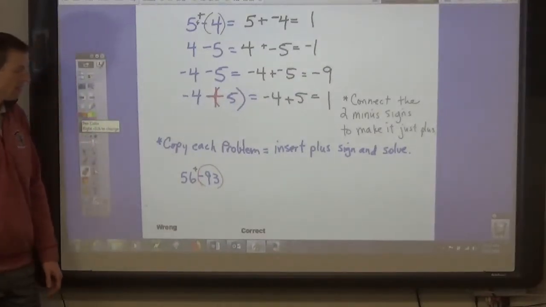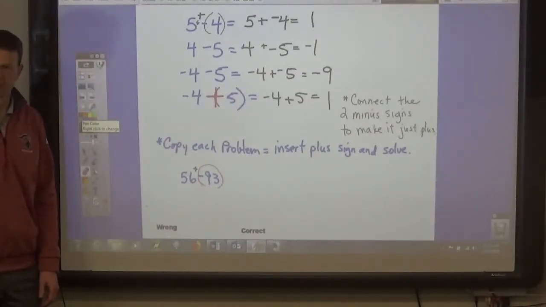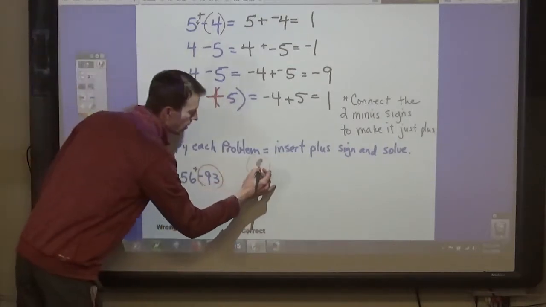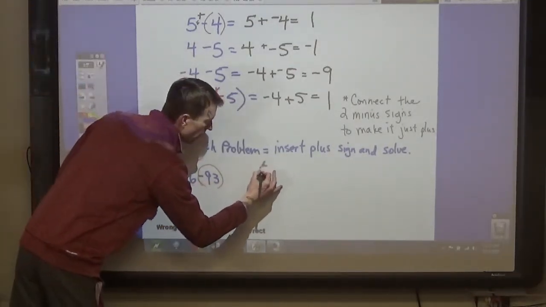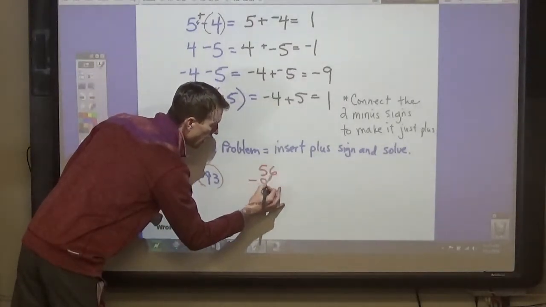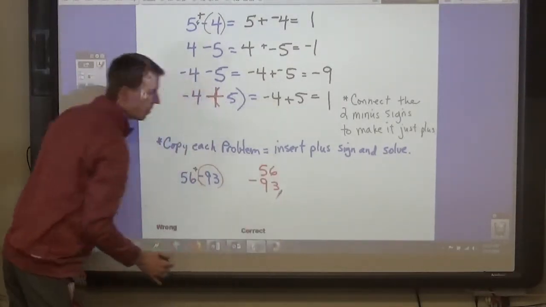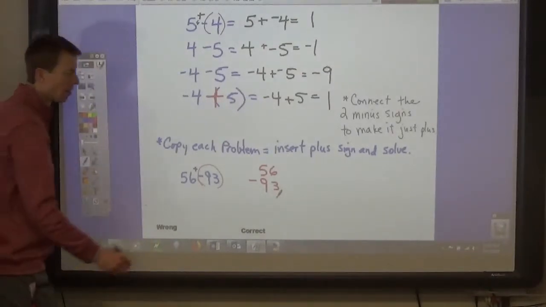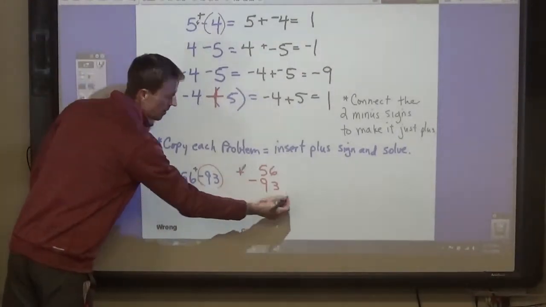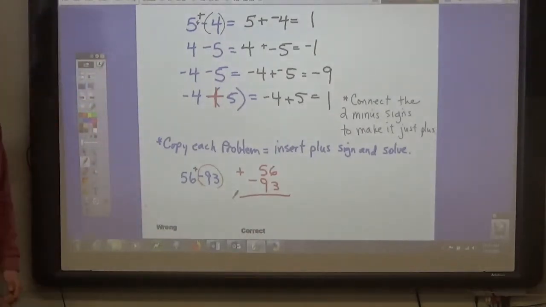You could do this like this. 56 minus 93. Right? Or it's plus negative 93, right? So how would you do that?